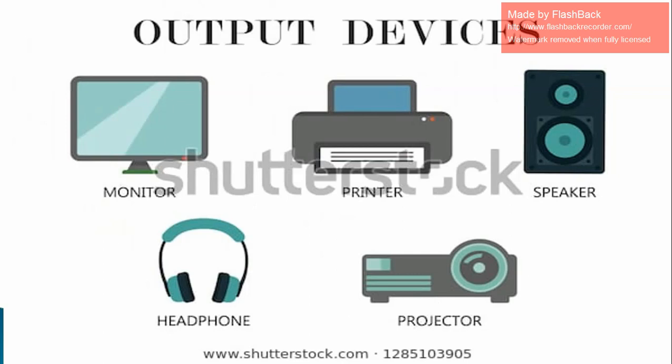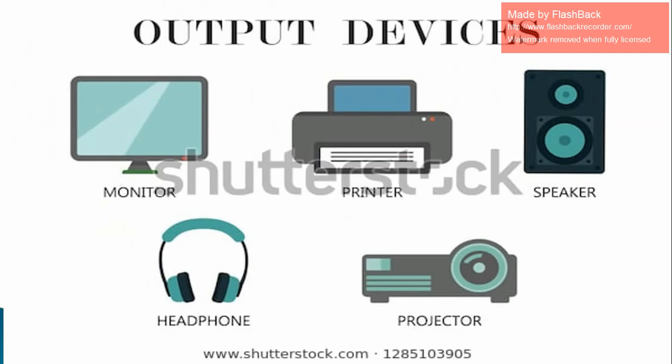The work of the output device is to provide the information or the result obtained by processing the input data to the user. So the work of the output device is to provide the output result to us, the users who are using the computer.